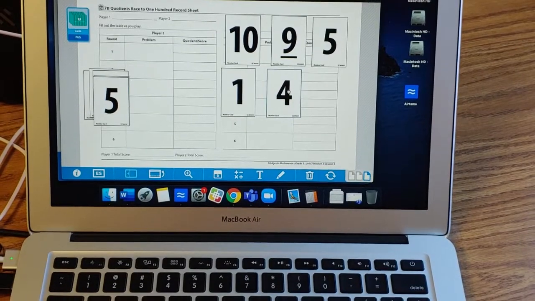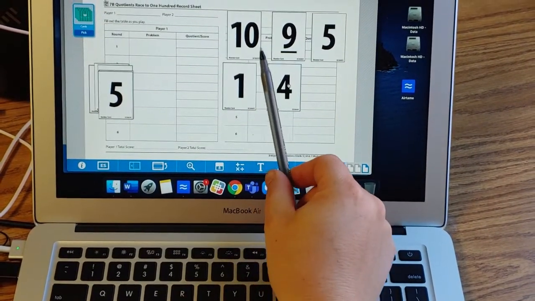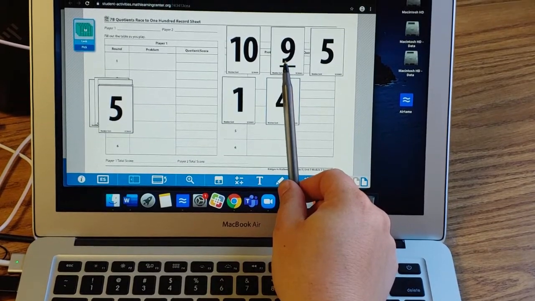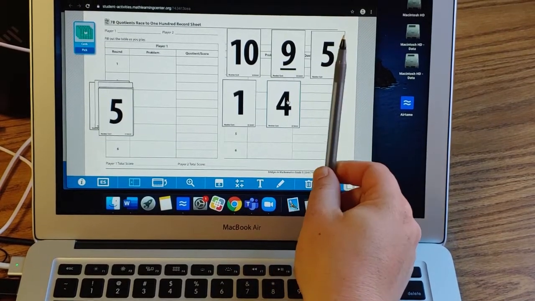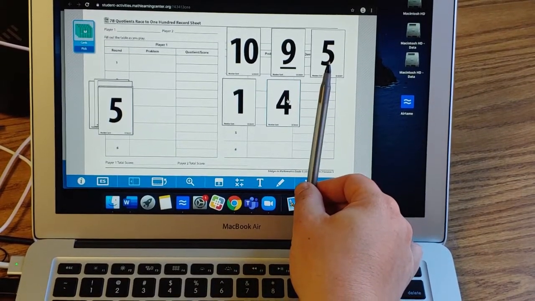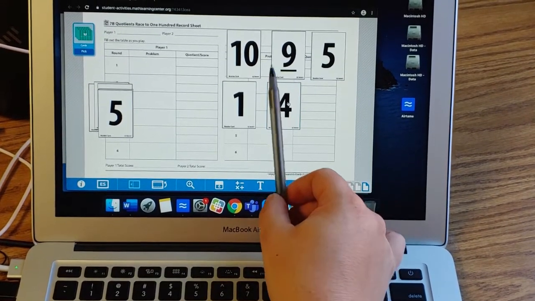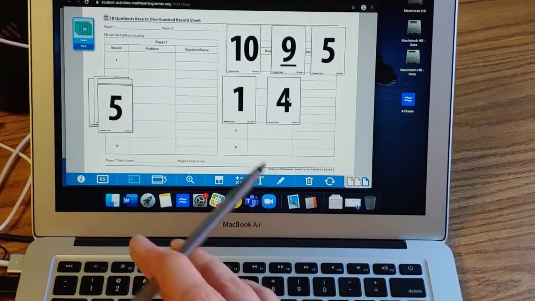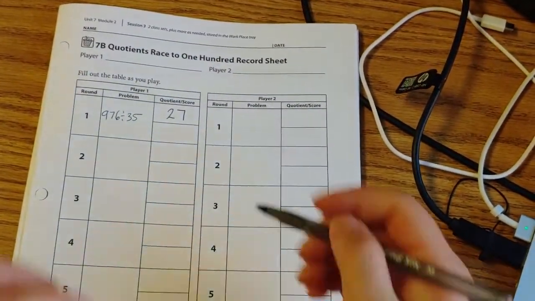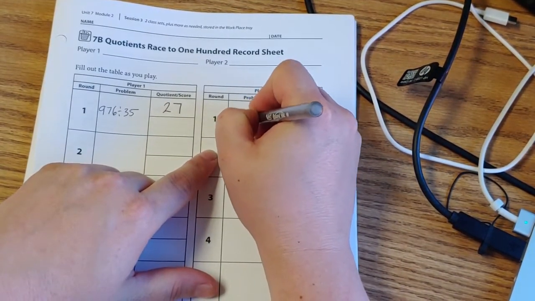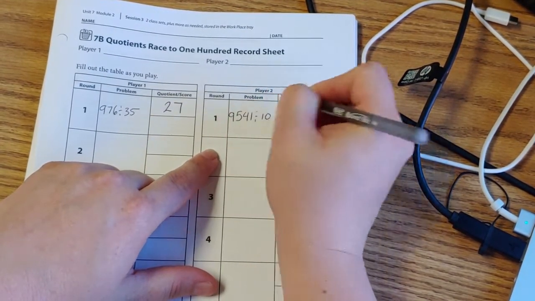So I think I'm going to do 9,541 divided by 10.